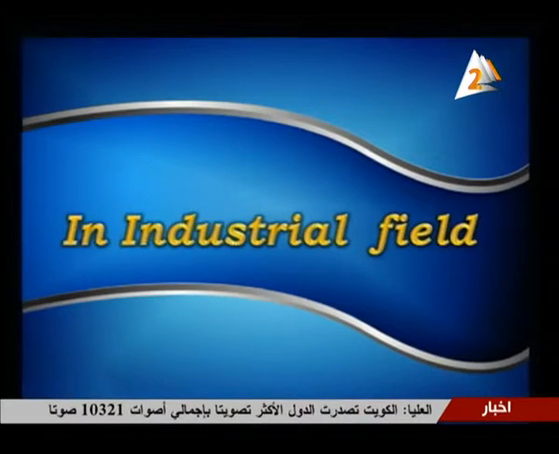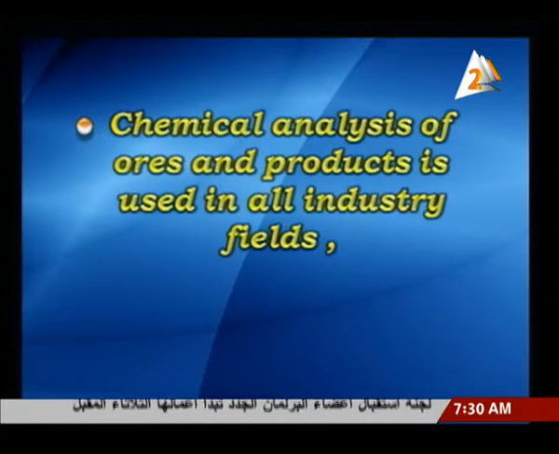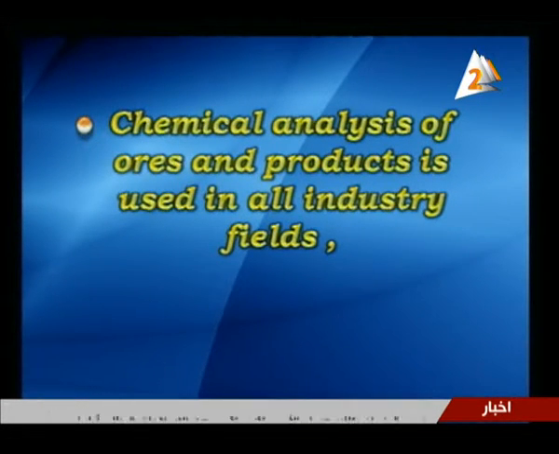What about the industrial field? Industry has many things. As a beginning, chemical analysis of the ores. Do you know the ores of the iron, which we studied before? And also, we have a product used in all industry fields. Why?